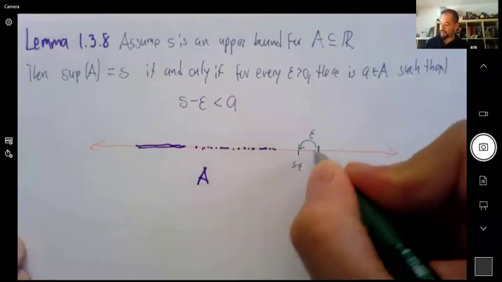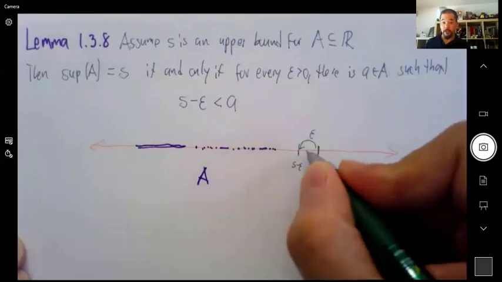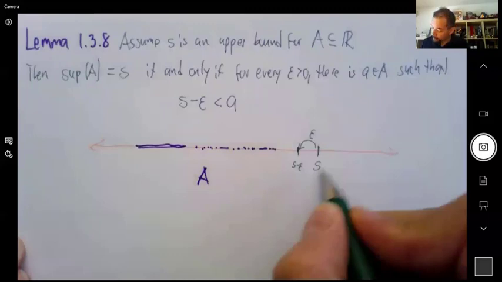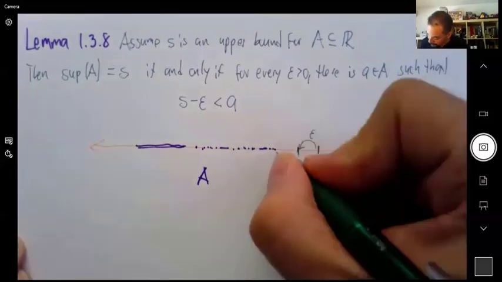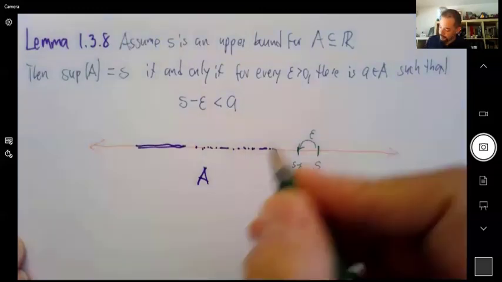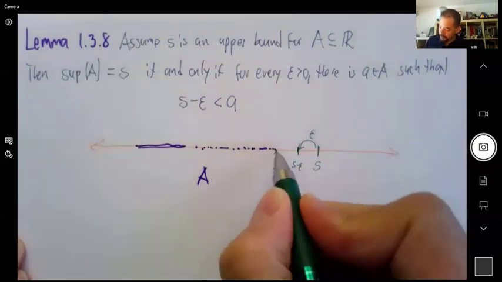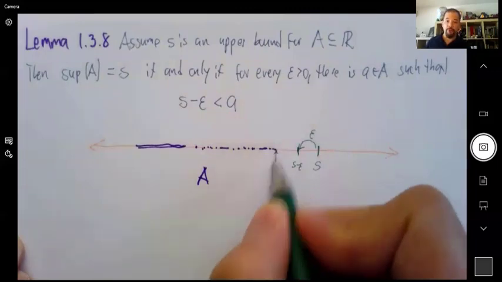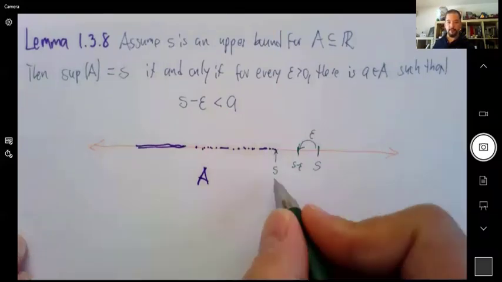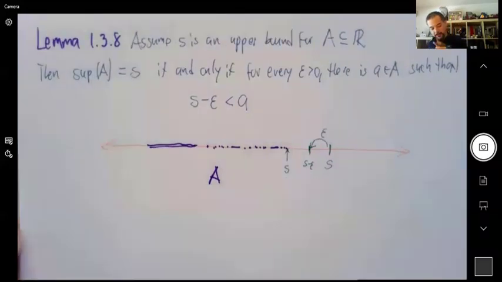I didn't have any A's to the right of this point here. So that tells me that this guy is not the supremum. But if you pick this one here, then it works, right? If I move a little bit to the left, no matter how small I move to the left, I'm going to capture a blue dot. And that makes me the supremum. Make sense? It's a very useful lemma when it comes to proving what is the supremum of specific sets.